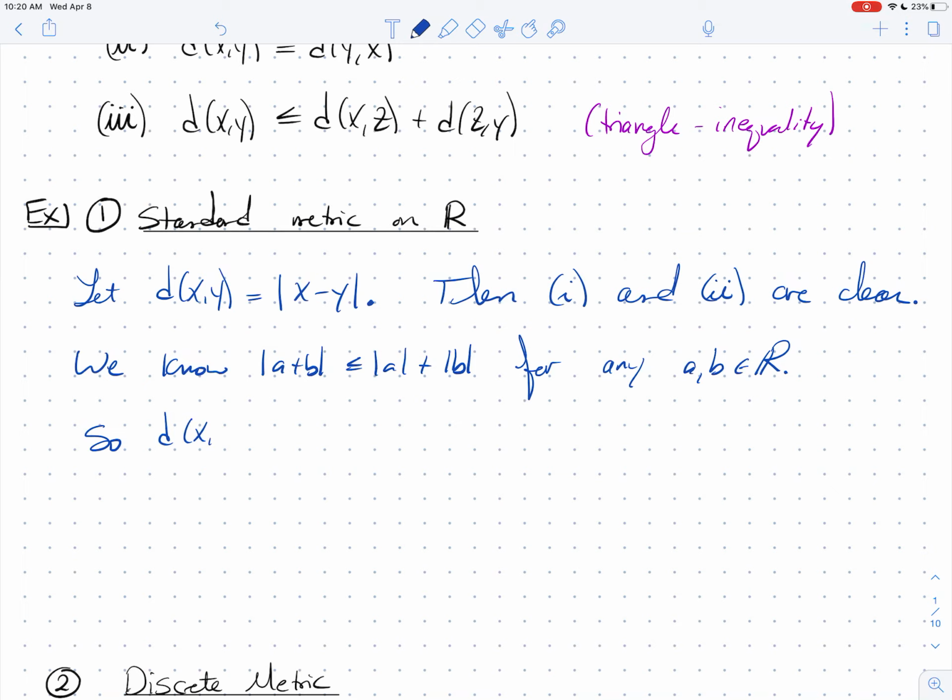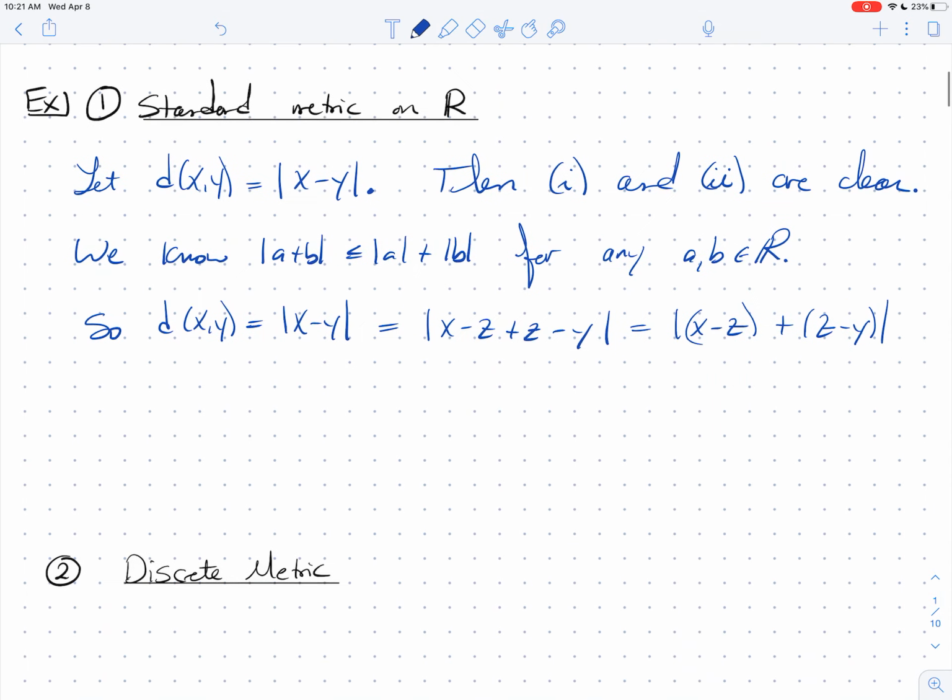If I want to look at the distance between x and y, that's just the absolute value of x minus y. Now I'm going to slip a z in there. That's the same as x minus z plus z minus y. I'm going to group these together as (x minus z) plus (z minus y). Same thing. And now I'm going to use the fact that I have the triangle inequality.